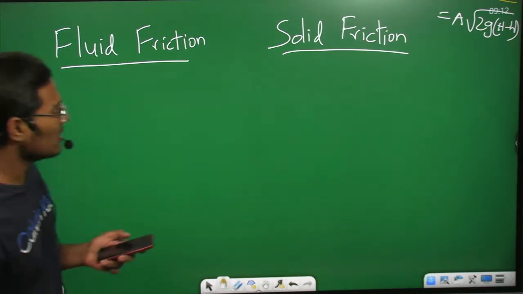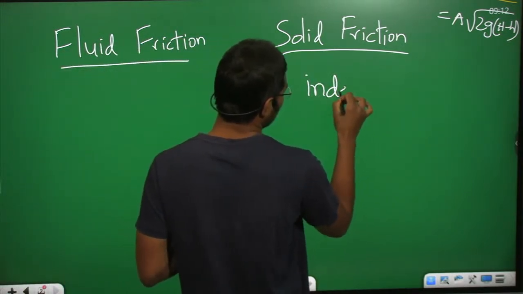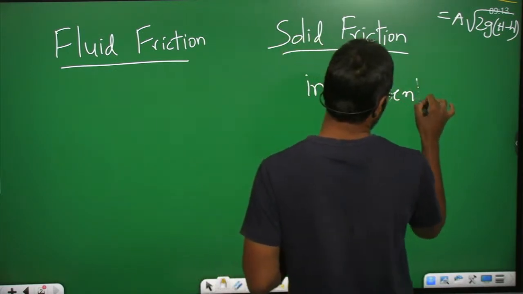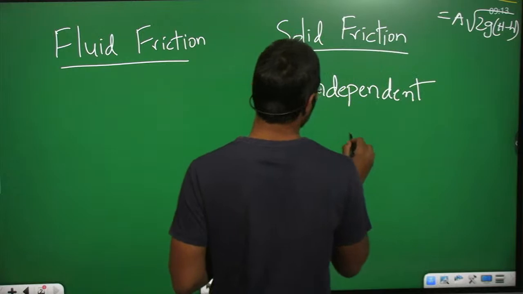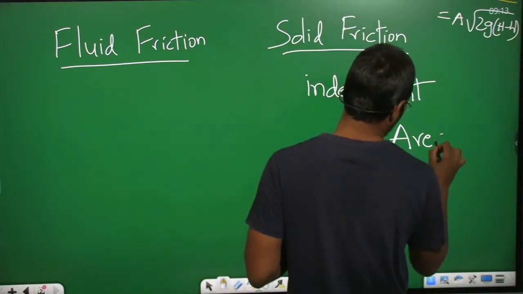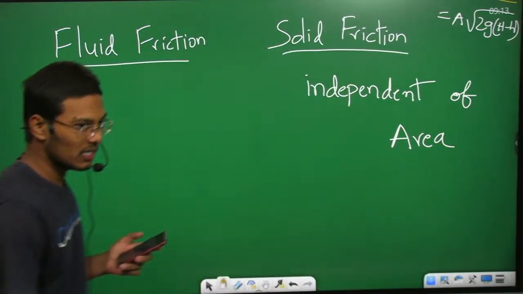Solid friction is independent of area of contact. Which means it does not depend on area. Whereas fluid friction depends on area.